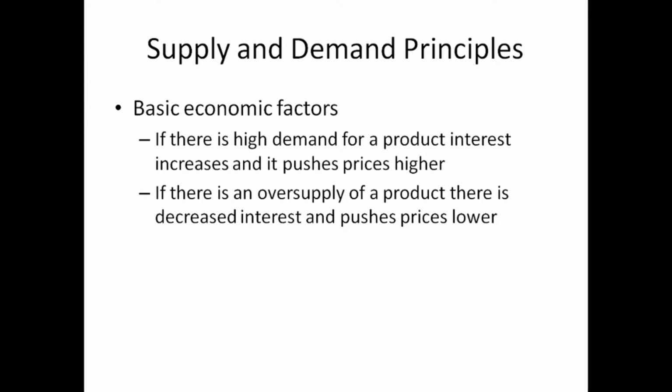If there's an oversupply of that product or service in the market, that means there's too much of it present, and people either don't need it or services start offering it at a discounted rate to get more billing, more clients. So that pushes the price of that product or service lower.